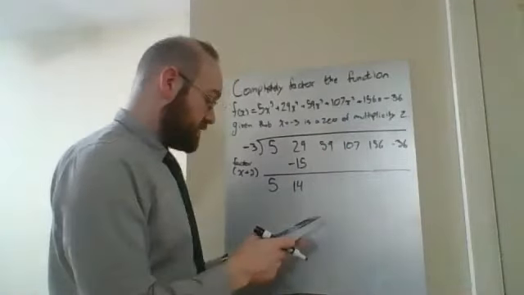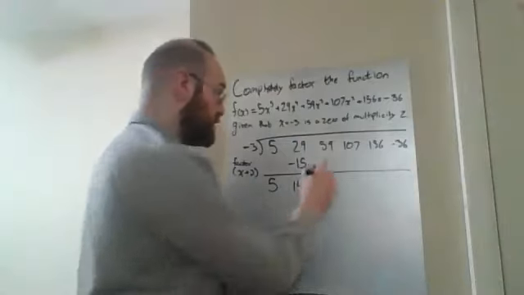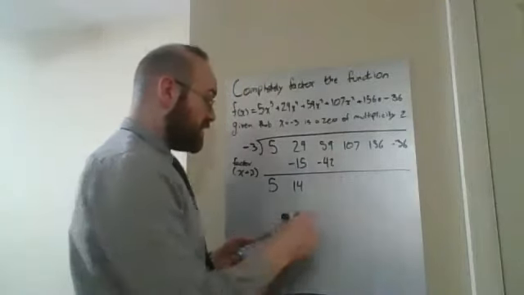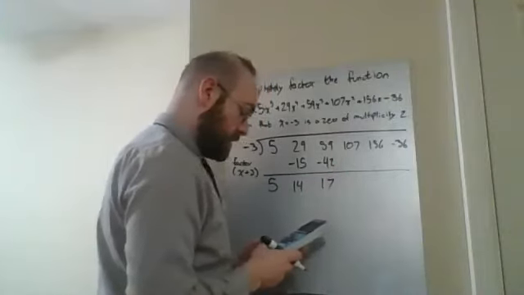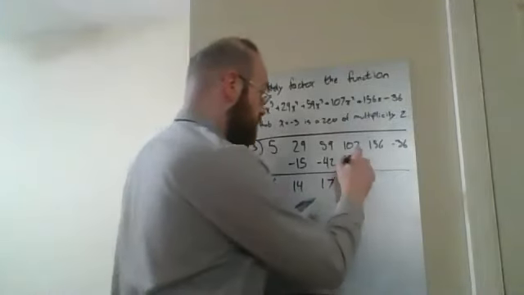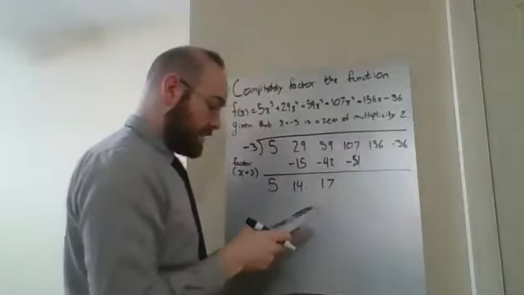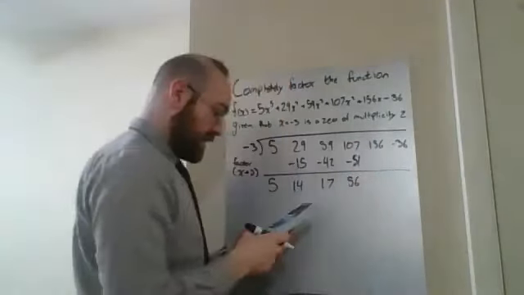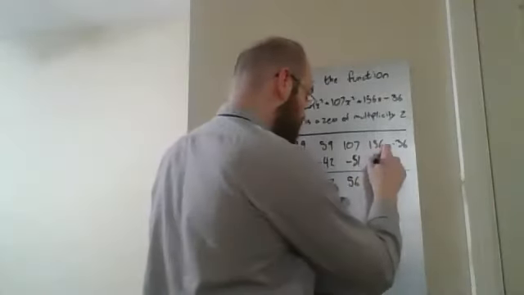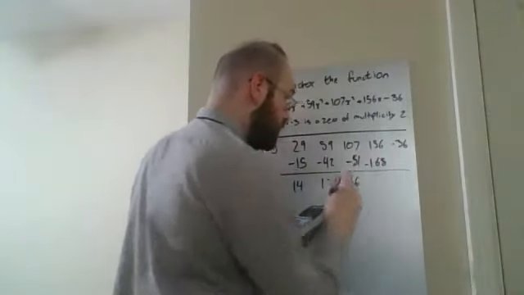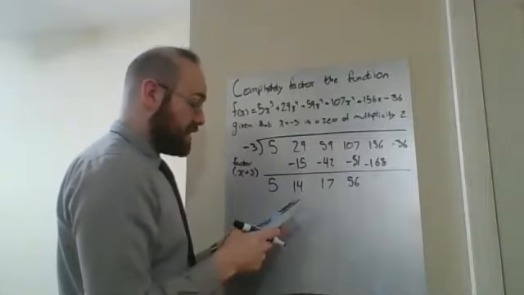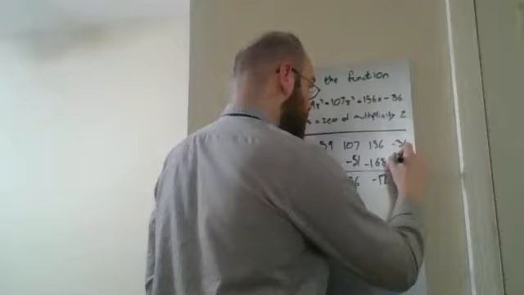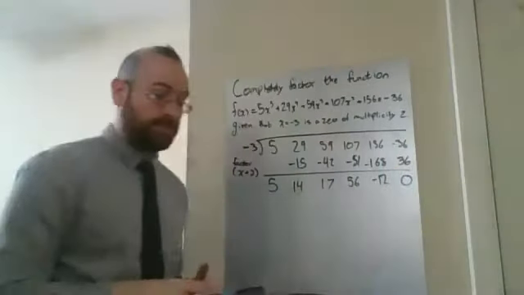So 14 times -3 is -42 plus 59 is 17 times -3 is -51 plus 107, 56 times -3 is -168. We add that to 156, we get -12, which of course gives us +36 and 0.